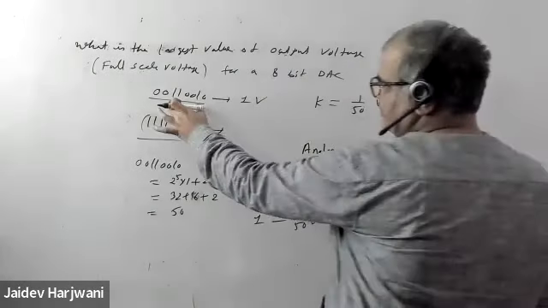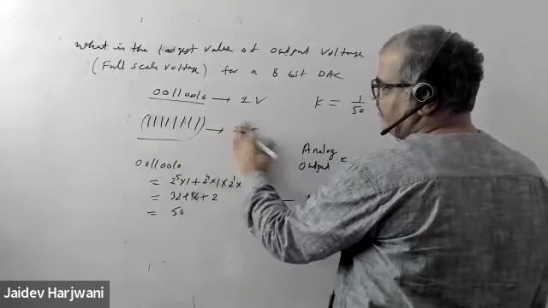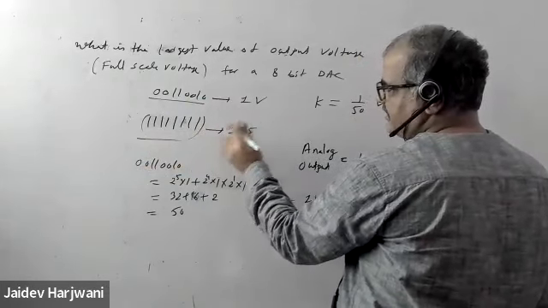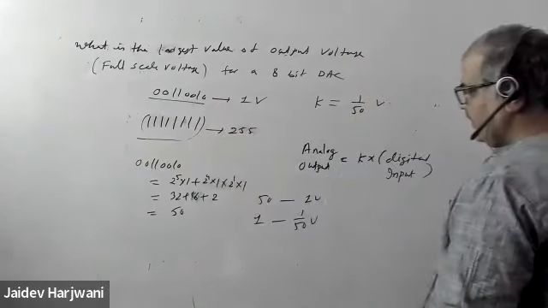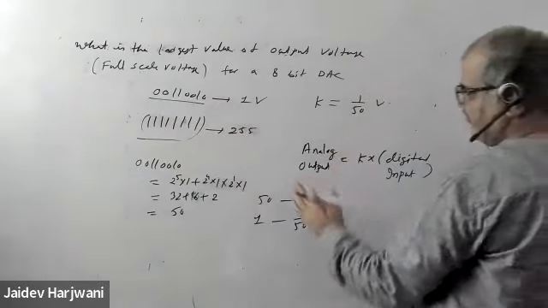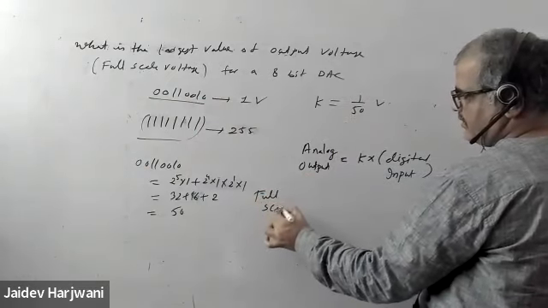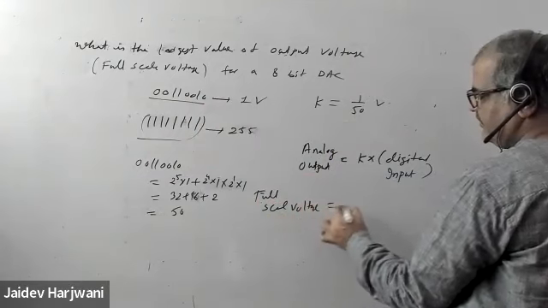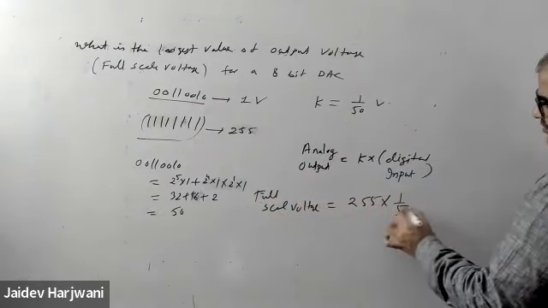Now you want to find the full scale, which in decimal is 255. Since 1 is equal to 1 by 50 volts, the full scale voltage will be 255 upon 50.